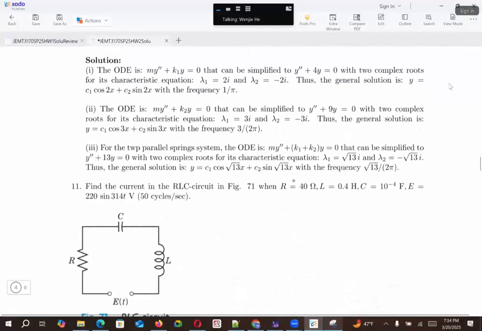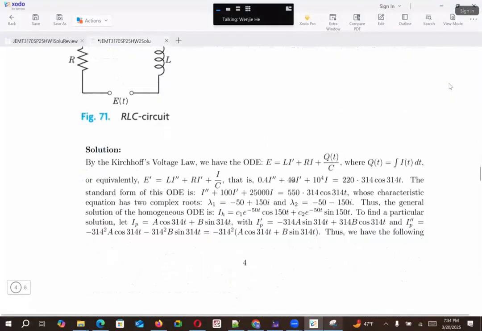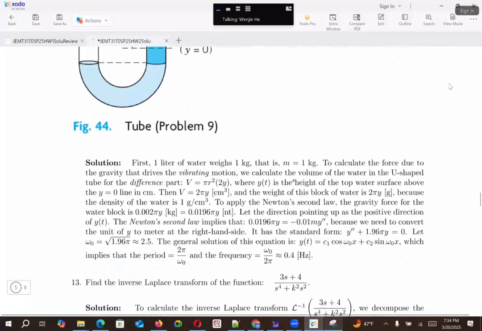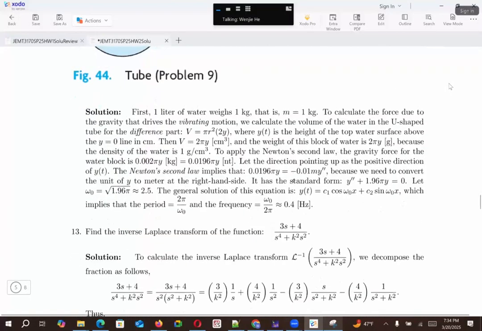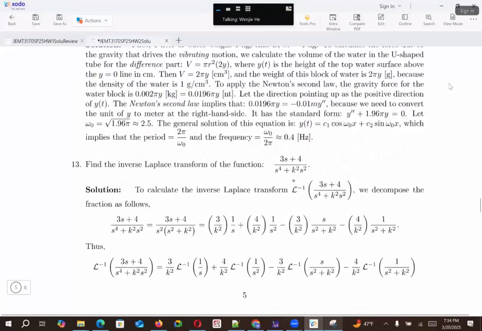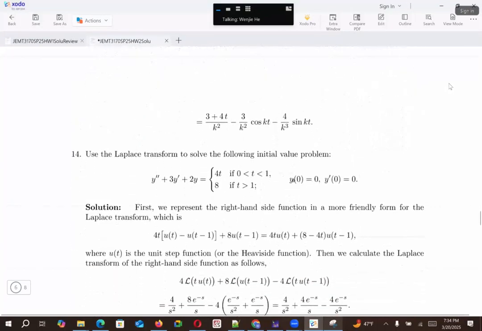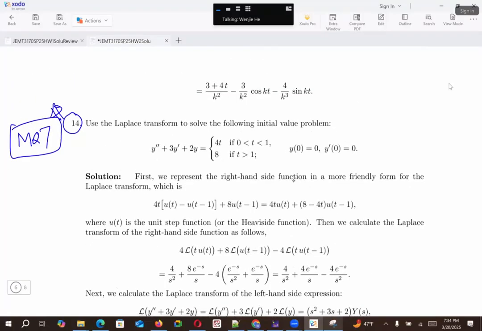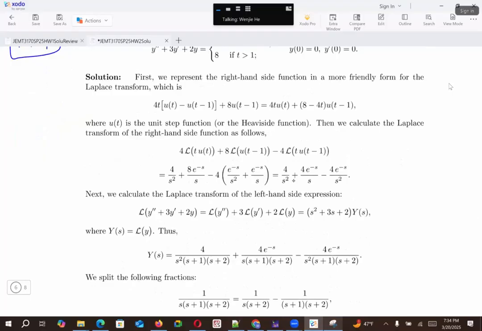Here we also have some Laplace transform, this one, Laplace transform to solve. Number 14 is used for MQ7. So you solve with the Laplace transform.